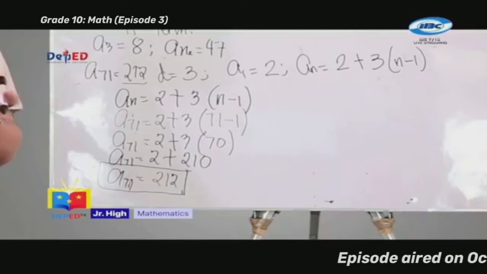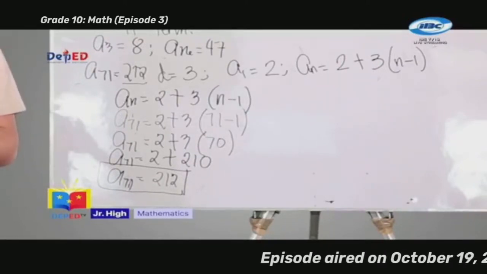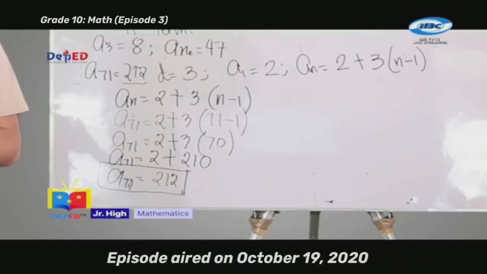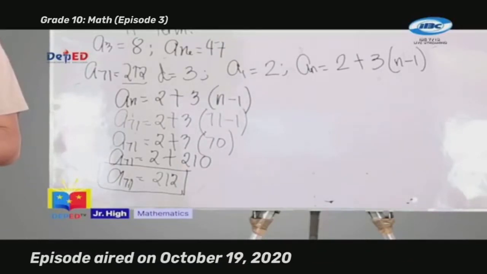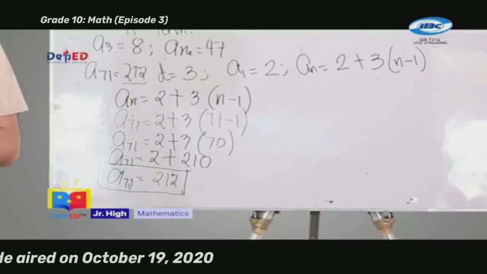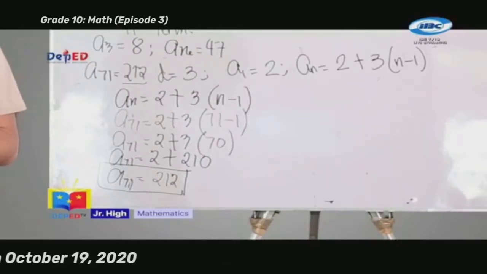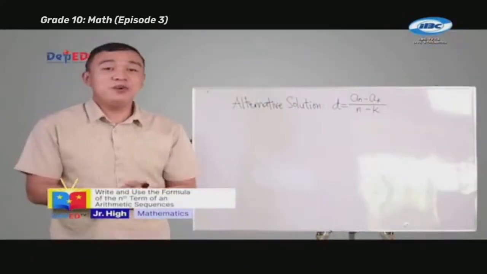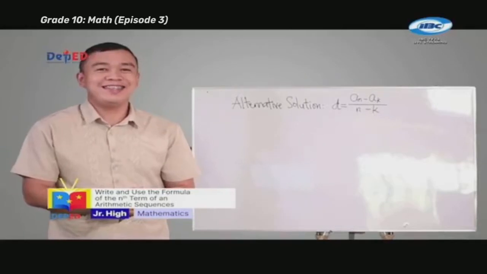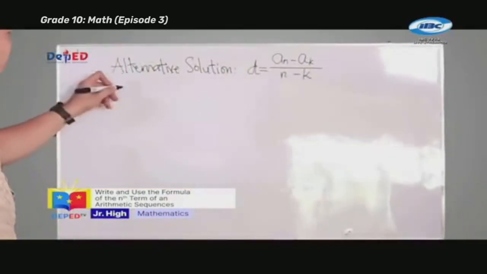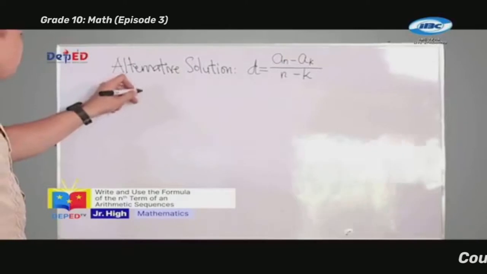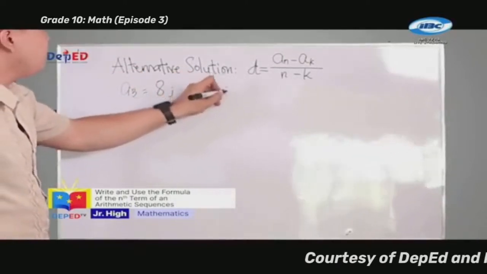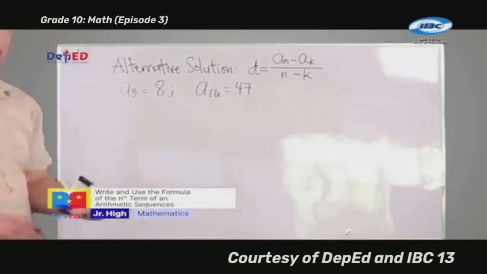There is an alternative solution, or another way to solve d, or the difference, using the formula d is equal to a sub n minus a sub k all over n minus k. Just take note of the following details. Our given a sub 3 is equal to 8, and our a sub 16 is equal to 47.